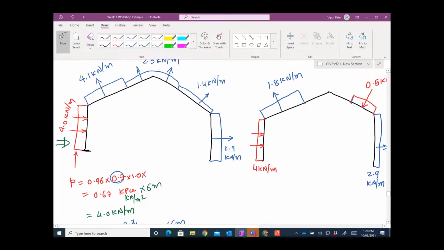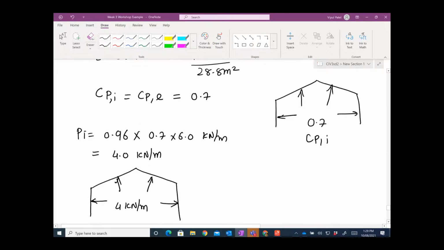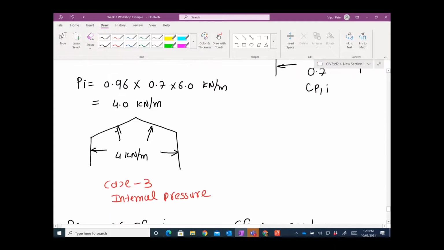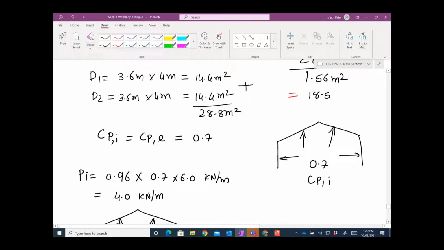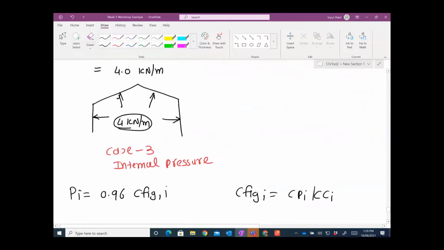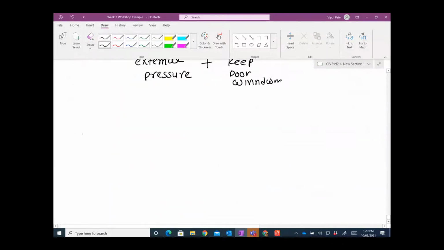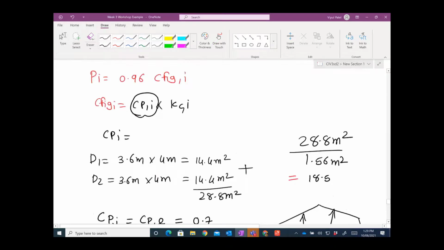So you have 4 pushing the wall, and case number 3 you have 4 going in the opposite direction, right? So 4 is going here and 4 is going in this direction. So you have 0 force, stabilized. So there is no force on the windward wall. Now we will check the next one, roof.